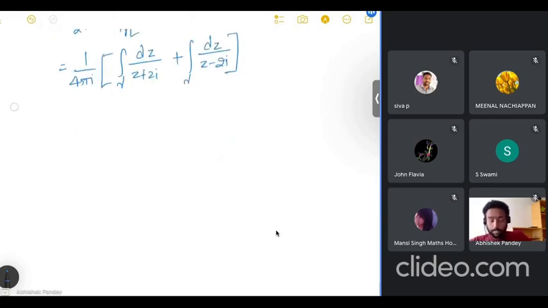So now what would be the integral by Cauchy integral formula?